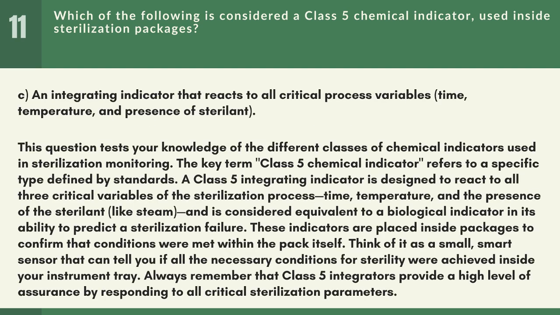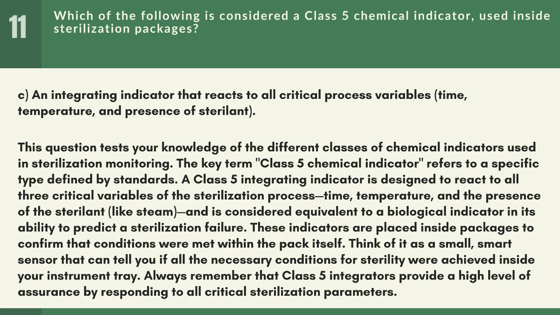Answer: C. An integrating indicator that reacts to all critical process variables, time, temperature, and presence of sterilant. This question tests your knowledge of the different classes of chemical indicators used in sterilization monitoring. The key term Class 5 chemical indicator refers to a specific type defined by standards.